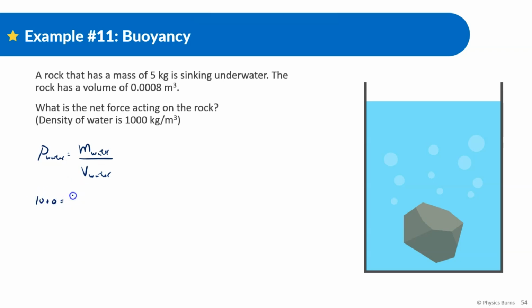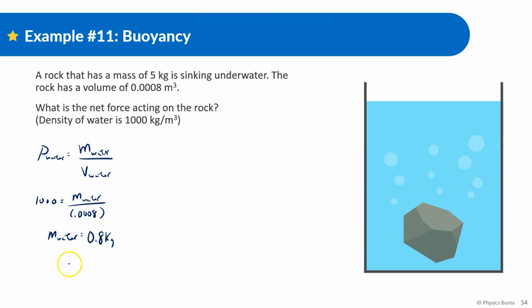Mass of the water, we don't know, so we're going to look for that. And the volume of the water displaced is 0.0008 meters cubed. So let's find this mass of the water first. 1,000 times 0.0008, and we have 0.8 kilograms that it displaces.